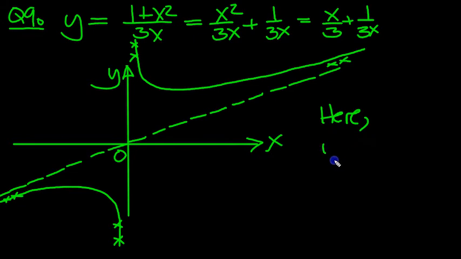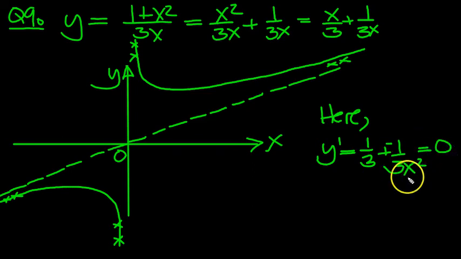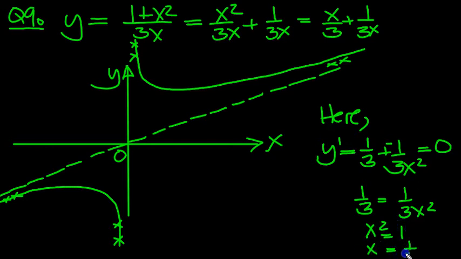So here, y dashed is equal to a third, plus 1/3 of minus, so there's a minus here, and it's going to be x squared, isn't it? Let that equal 0, and you'll see that 1/3 equals 1/3 x squared. Move the x squared up, x squared equals 1, so x equals plus or minus 1.